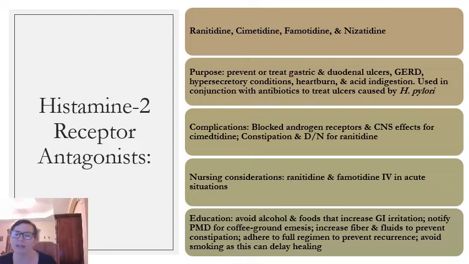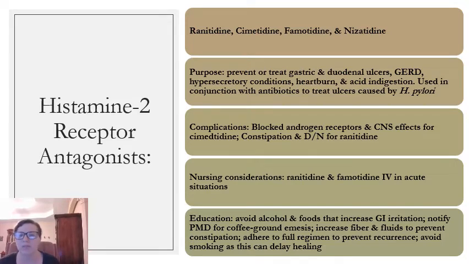I gave it a few times in the emergency room for really bad GI distress, when they had so much nausea and vomiting that you get to a certain point of so much vomiting that you have all that acid buildup. So this helps decrease that acid buildup, so it prevents gastric and duodenal ulcers, GERD, hypersecretory conditions, where they're secreting so much acid, heartburn, and acid indigestion.